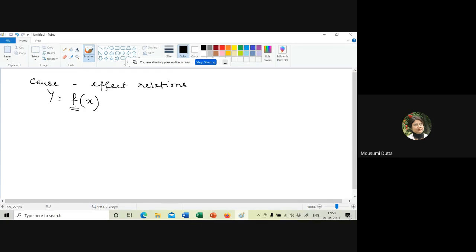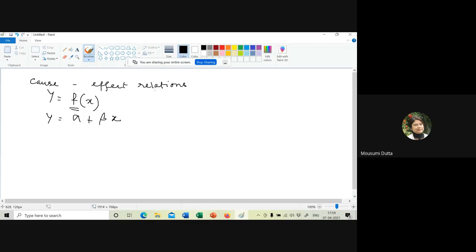So we consider this f as a linear function so that we can write the function in this way: Y is equal to alpha plus beta x. A linear functional relationship between y and x. You are very, very familiar with this kind of relationship: demand curve, supply curve, investment, savings, consumption. So you are very familiar with this kind of relationship.